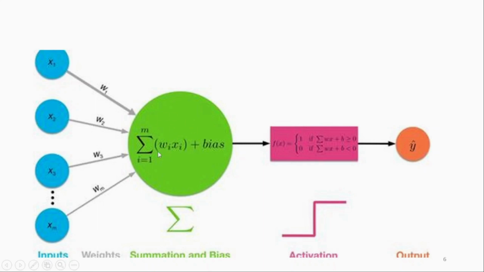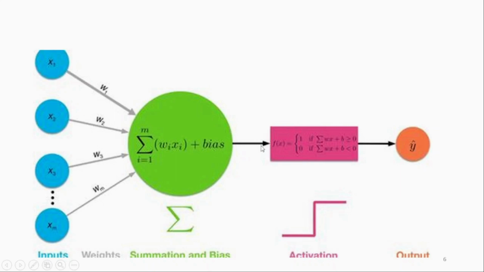Each neuron has a weight. Each input to a neuron has a particular weight. The input number multiplied by the weight of each neuron yields the neuron's output, and then bias is added, and this gives us an output.